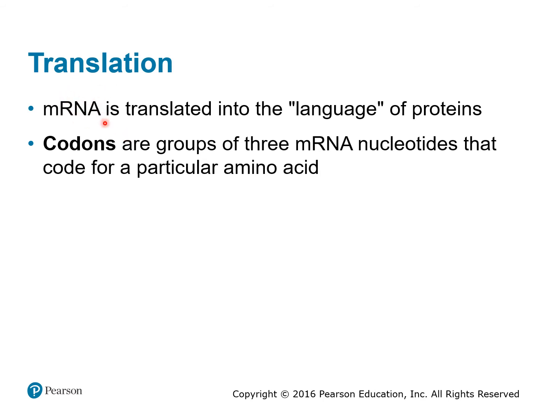And so the way to read a messenger RNA is you read it 3 letters at a time, which we refer to as codons. Each codon is going to code for a specific amino acid. Why amino acids? Because proteins are made out of amino acids. So during translation, you're basically trying to build the chain of the amino acids needed to build the protein.